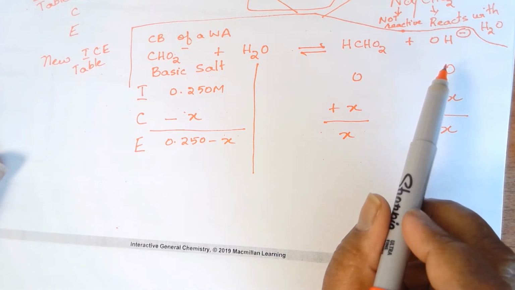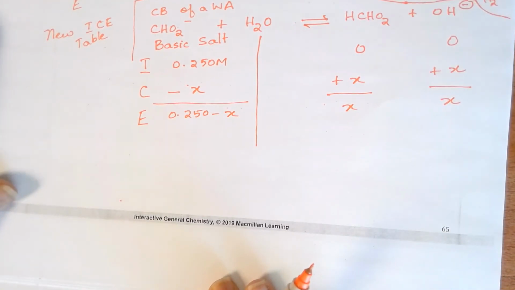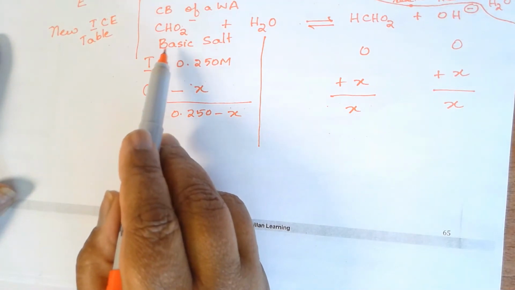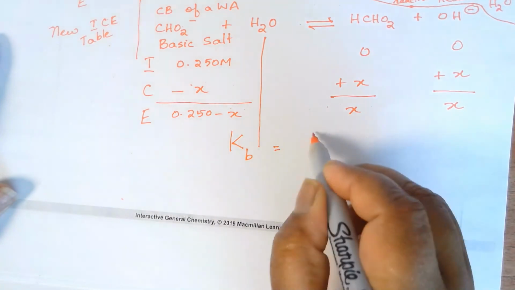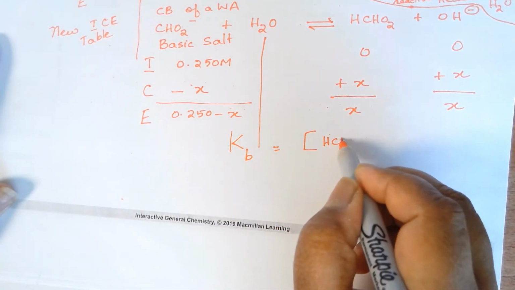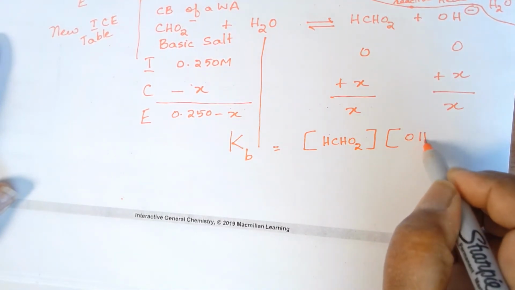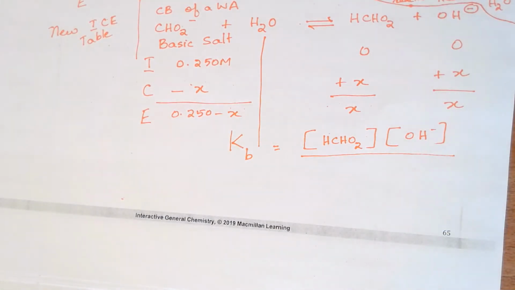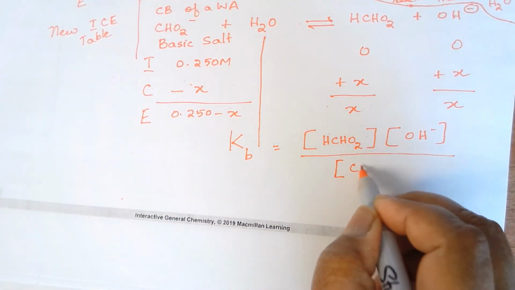So the question is, how will you write the equilibrium constant expression for this equation? I said this is a base. So you would say Kb equals... HCHO2. So you need to know automatically if you have a conjugate base, which is treated like a base, and if you're producing OH minus ions in solution, then you write the expression for Kb.